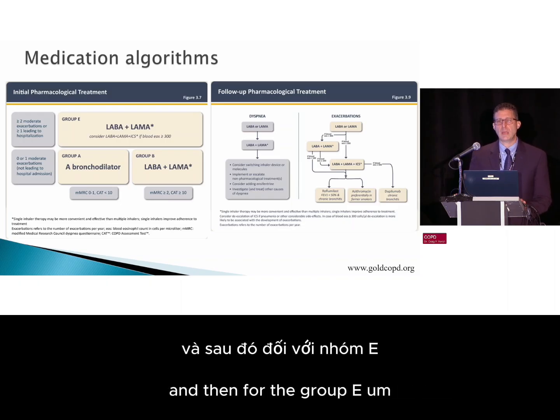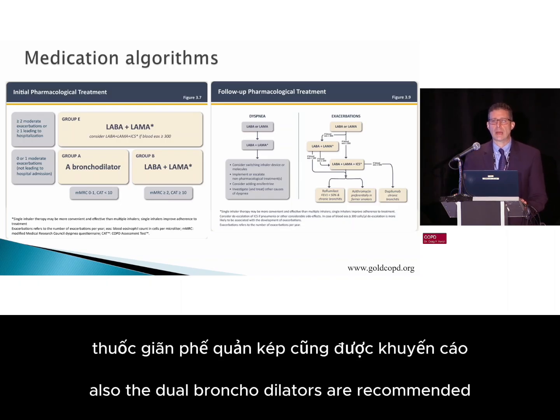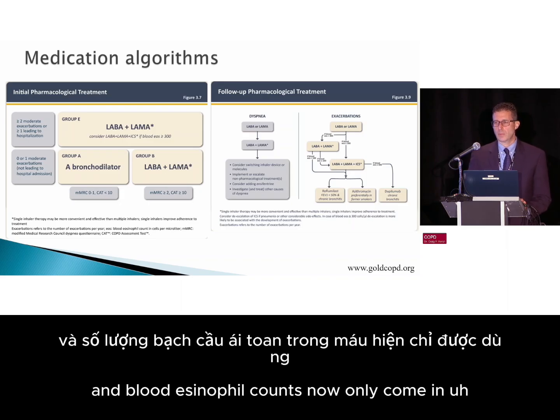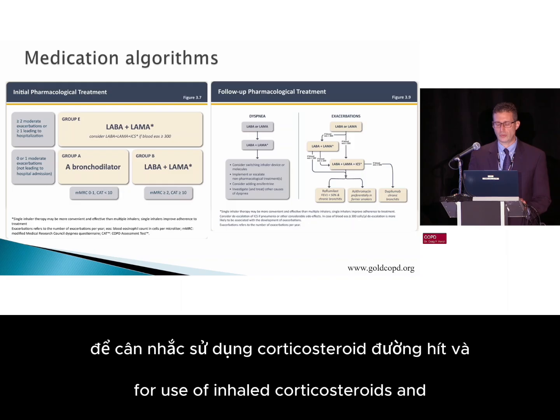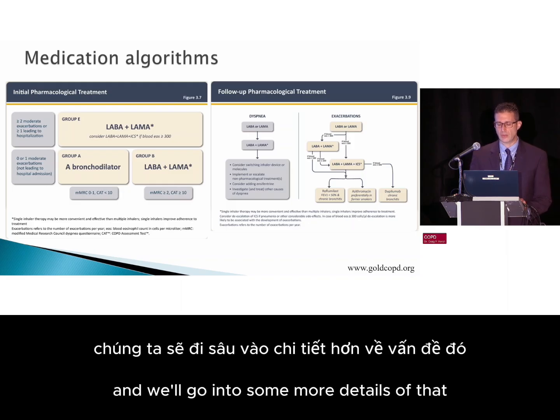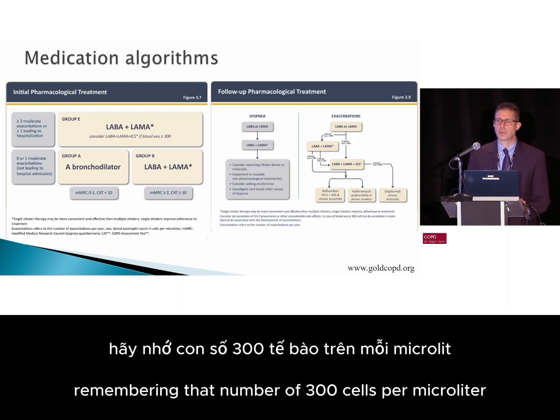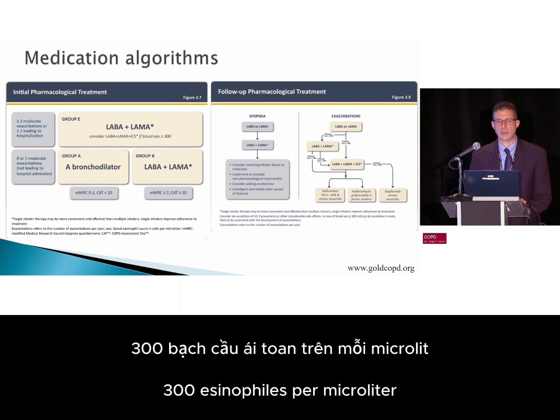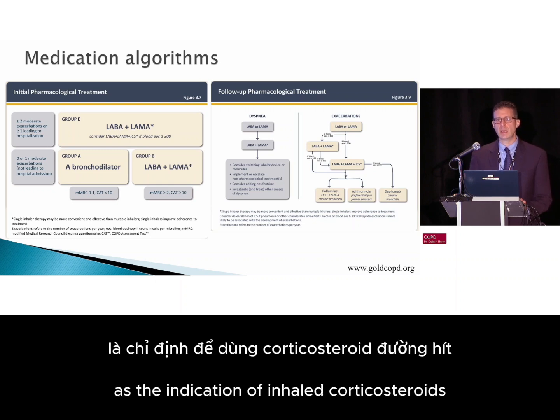And then for the group E, also the dual bronchodilators are recommended, and blood eosinophil counts now only come in for use of inhaled corticosteroids, and we'll go into some more details of that, but remembering that number of 300 cells per microliter, 300 eosinophils per microliter as the indication for inhaled corticosteroids.